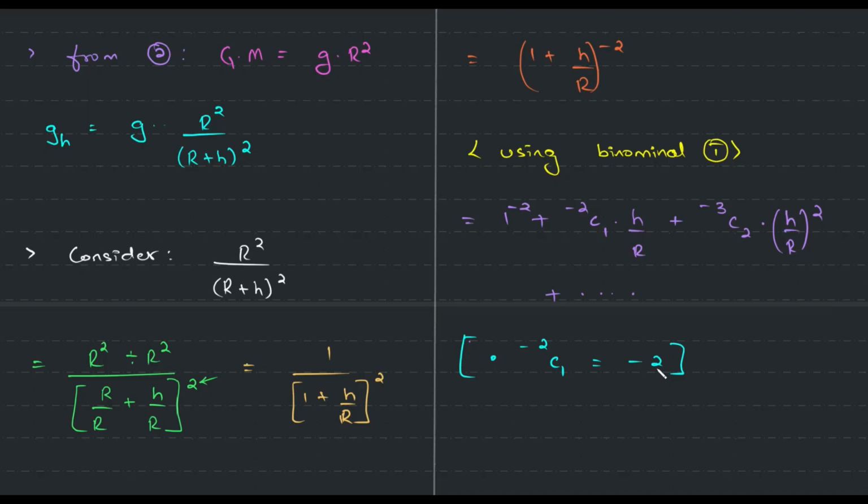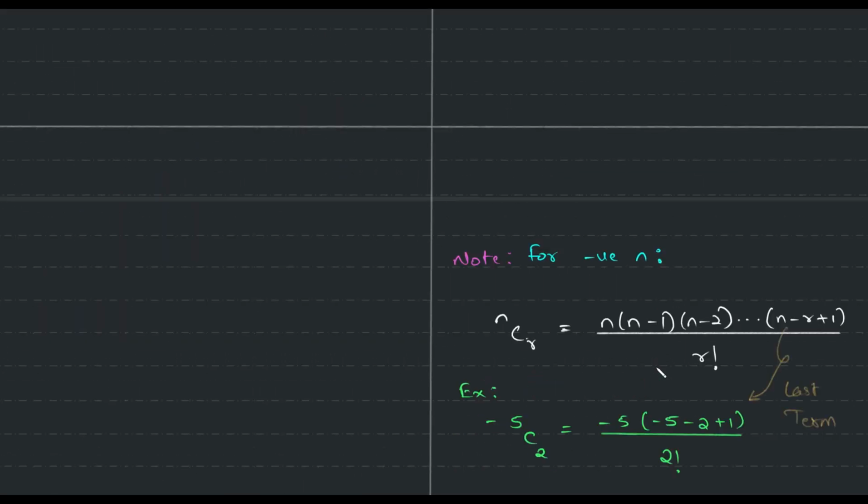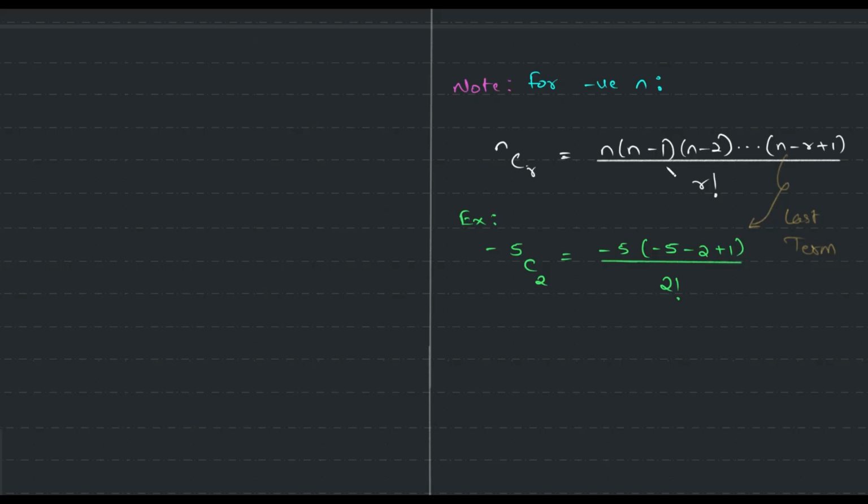But why is that? Whenever you deal with negative n, you need to use this directly. I have an example over here, but I'll take another example. It's much easier for me to explain from scratch. Whenever we have (-6)C3, you need to end with this expression, that is minus 6 minus 3 plus 1, which is basically minus 8.